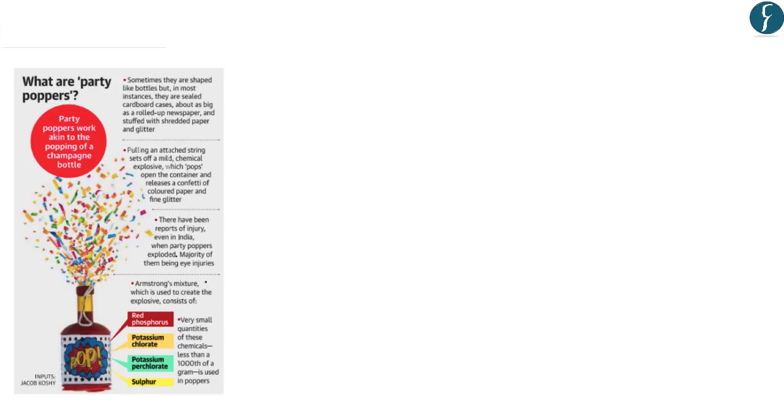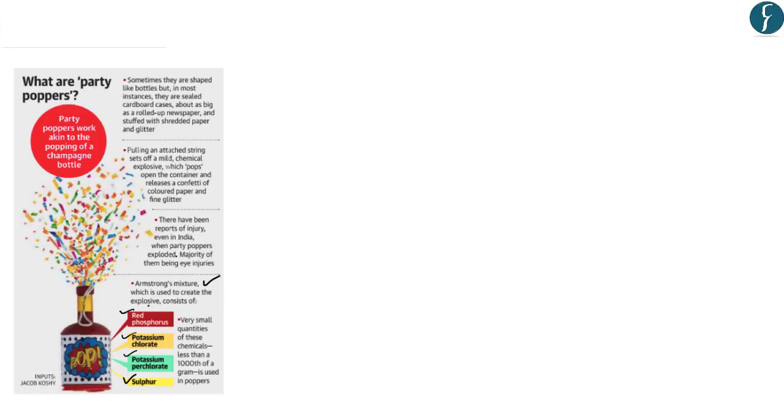Party poppers consist of a mixture called Armstrong's mixture, which is used to create the explosives inside them. The chemicals found in party poppers are red phosphorus, potassium chlorate, potassium perchlorate and sulfur.